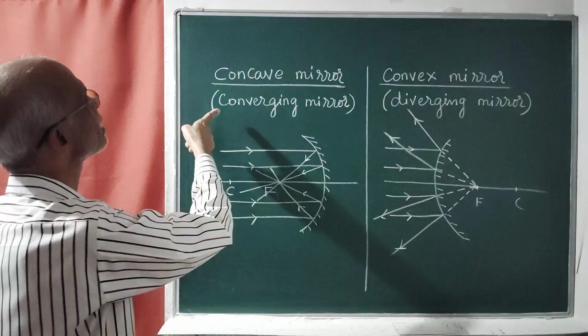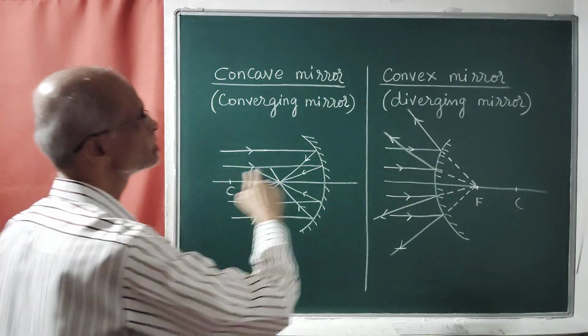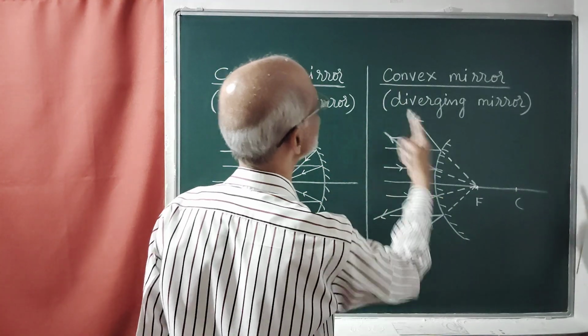Concave mirror is called converging because they converge. It's called diverging because they diverge outward.